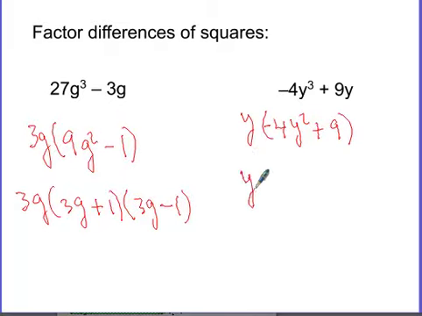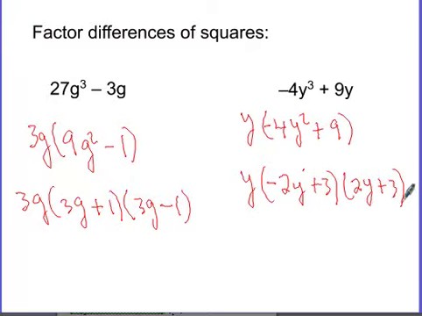So we would do y, and we would have a minus 2y plus 3 and a positive 2y plus 3. We've still got the plus and the minus going on. They're just in front of the first term instead of in front of the second term this time, right? So it doesn't matter what order they're in, as long as we have one of the terms as a plus and a minus. Okay?